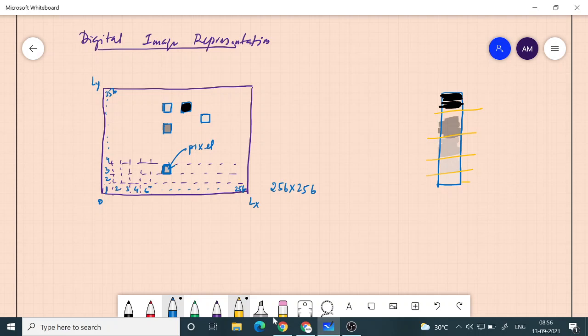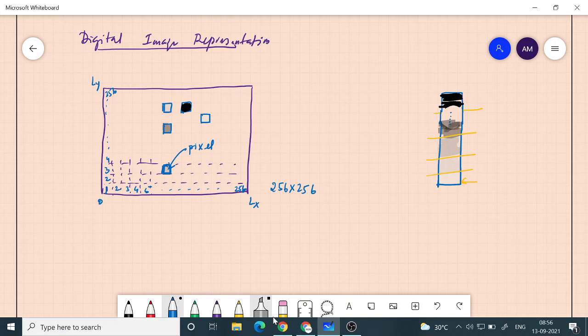Each of these I can represent with a code. Let me put a dot here, because there could be many more scales in between.